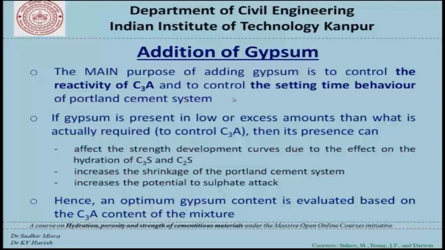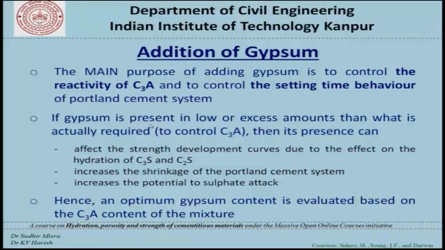The purpose of adding gypsum is discussed. The main purpose of adding gypsum is to control the reactivity of tricalcium aluminate and to control the setting time behavior of the Portland cement system.